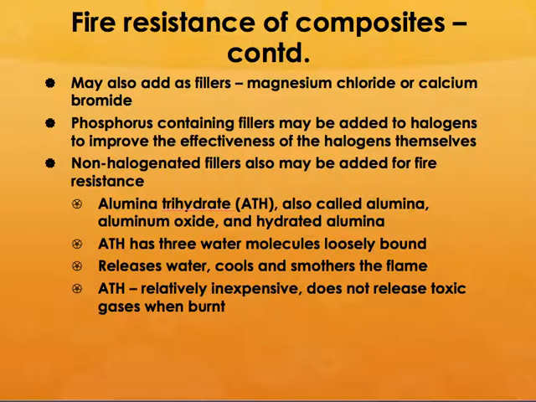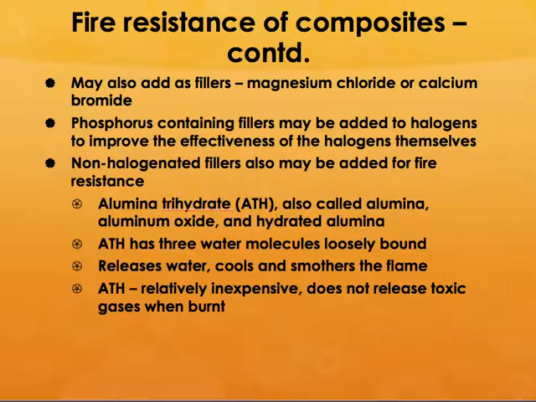You can also add fillers like magnesium chloride, or you can also add what is called ammoniated magnesium chloride or calcium bromide, or you can also add red phosphorus. And there is only one type of red phosphorus that is good for fire resistance, so you may add that to the matrix itself to improve the fire resistance.